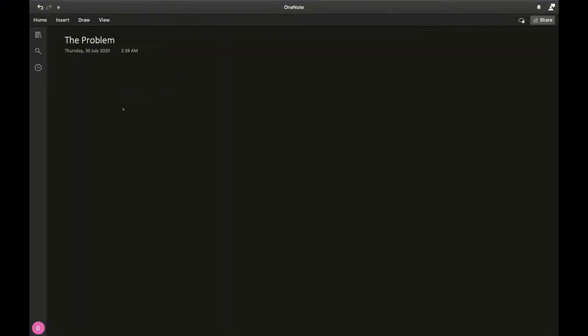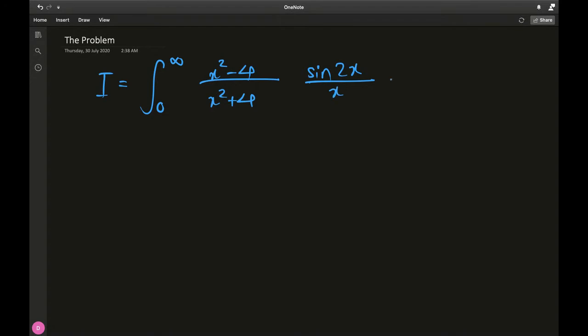Okay, so the problem at hand is called I, and is defined as the integral from 0 to infinity of (x squared minus 4) over (x squared plus 4) times sine of 2x divided by x dx. Looking at the denominator, forget the numerator for now.